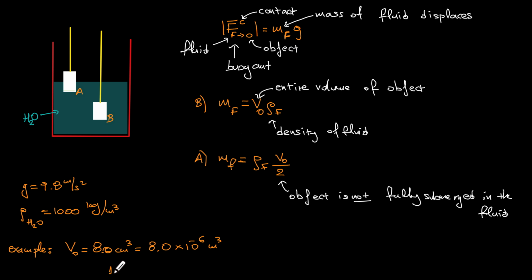1 centimeter, I want to remind you how I do that, is equal to 10 to minus 2 meters. Now, if I raise everything to the power of 3, 1 centimeter cubed equals 10 to minus 2 cubed meters cubed, then what you get is that 1 centimeter cubed is 10 to minus 6 meters cubed.